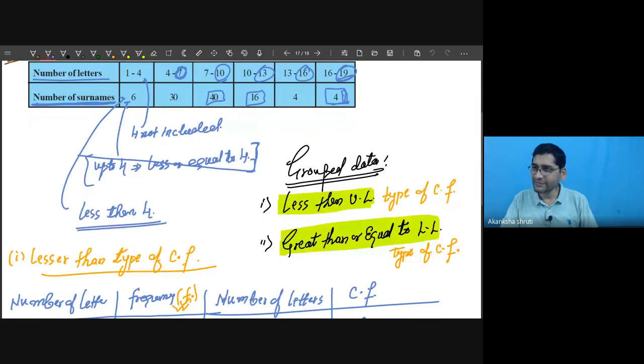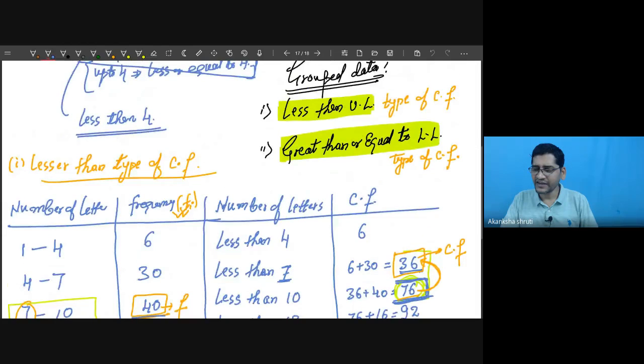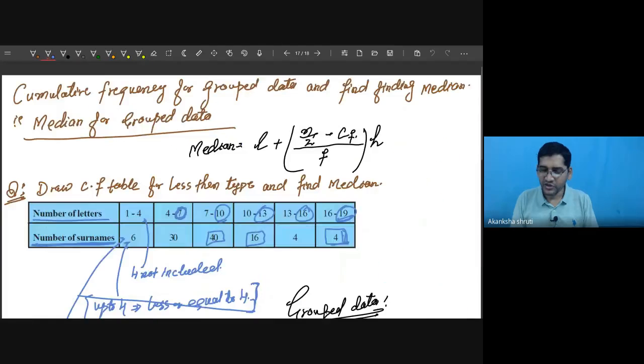From the less than type, you apply the formula. That is more convenient. But we can draw this cumulative frequency for greater than or equal to, or more than or equal to lower limit, plotting these two on the same graph and finding the median in another way called Ogive. That we will learn tomorrow.